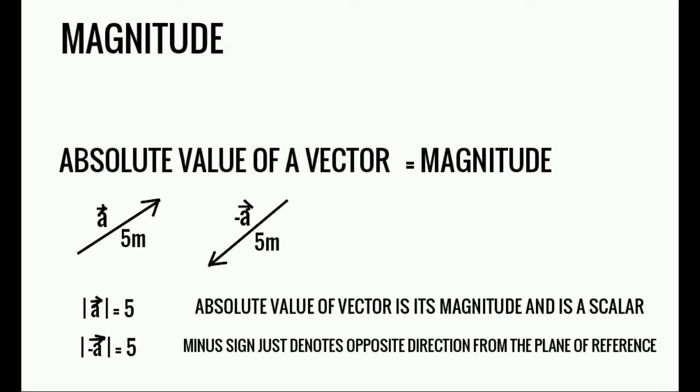The absolute value of a vector is its magnitude, and it is a scalar. The minus sign denotes the opposite direction from the plane of reference. So the absolute value of minus 5 is 5, and the absolute value of 5 is 5. You just ignore the direction. When we ignore the direction, it means it's a scalar.